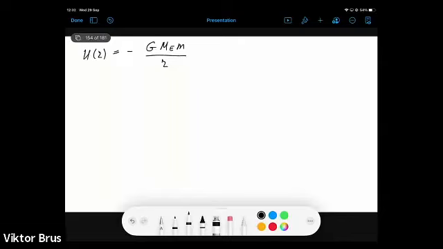So in general, let's write separately, potential energy of gravitational field will be equal to minus G times m1 times m2 divided by r. So it's proportional to the product of two masses and inversely proportional to the distance between these objects.